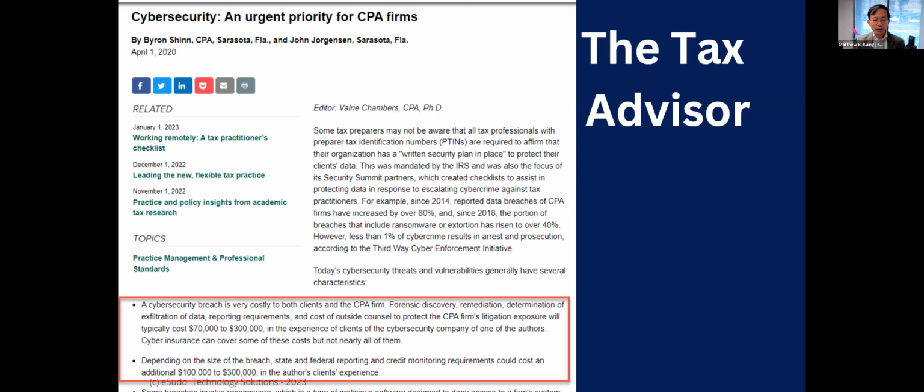This website goes into explaining that, in the event that you get into a breach, the cost of a cybersecurity breach just to do the forensic discovery can cost you between $70,000 to $300,000 just to discover how your system's been compromised. And here's the thing.